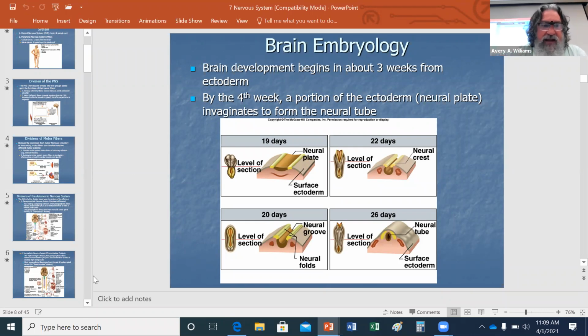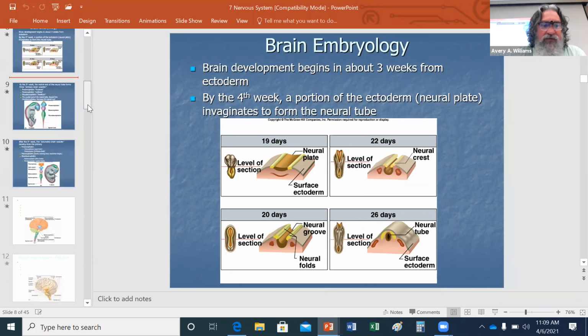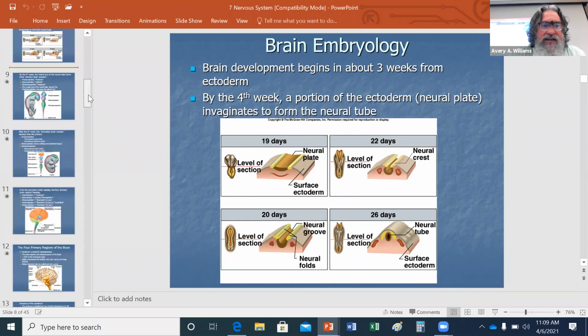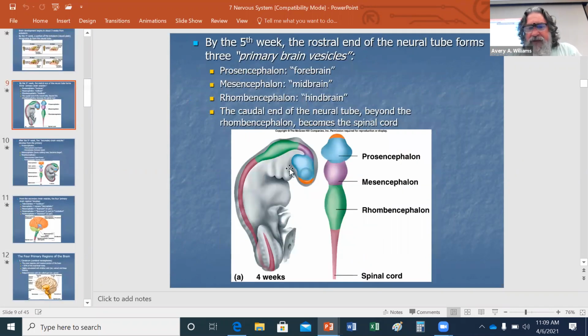And then from that long hollow tube, let me see, where's my, like right here. See, it's a tube, but then at the rostral end, the end that's eventually going to become the brain and the head, you get three swellings. So it's no longer just a straight tube.